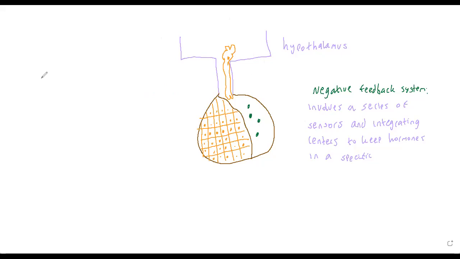So the idea of negative feedback, and this is not the textbook definition. The textbook definition is negative feedback is something is taken away in order to maintain homeostasis, which is the preferred state of the body. But in this case, I'm going to just change it a little bit.